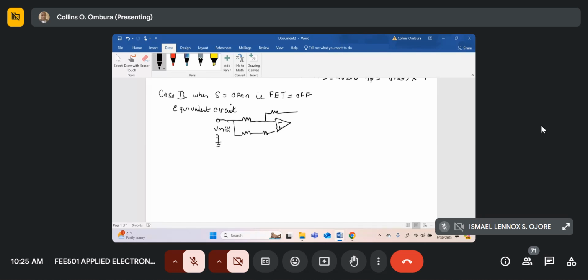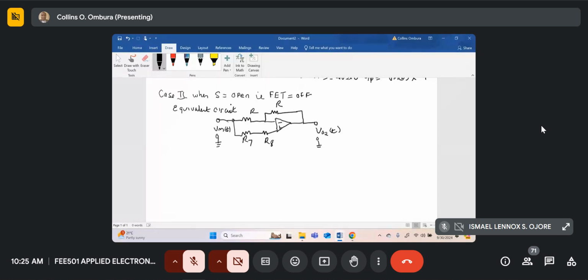Then you got your R7. And I'll consider this output to be V02 of t. So that is our R7, then R8.